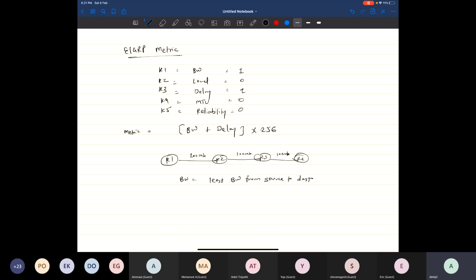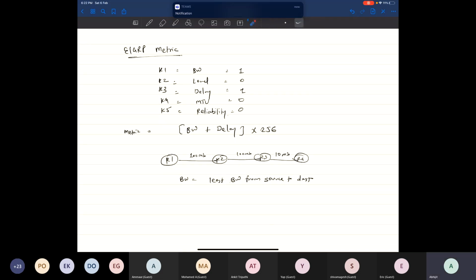If this particular link is 10 Mbps, with this as your source and that as your destination, then the bandwidth considered is going to be 10 Mbps and not 100 Mbps. Do you understand that? So it will be the minimum bandwidth from source to destination.